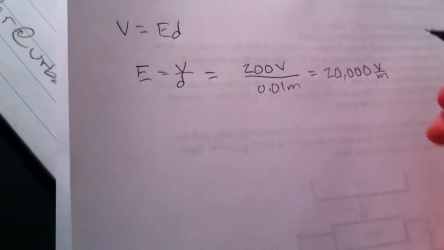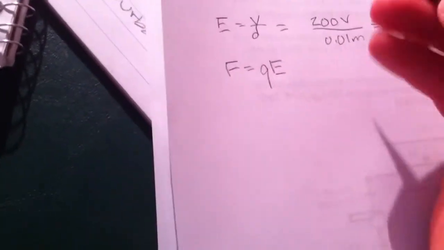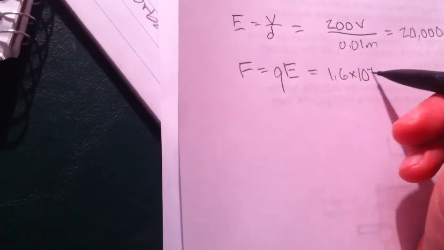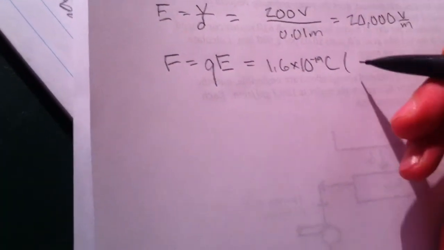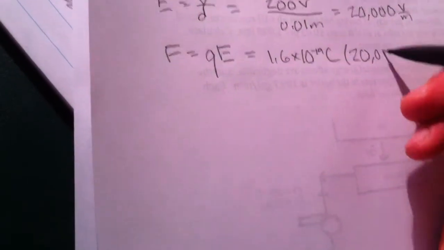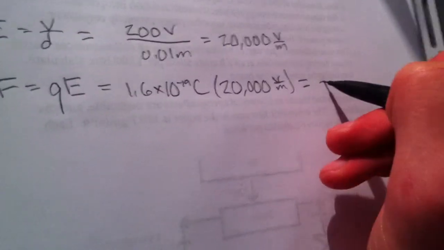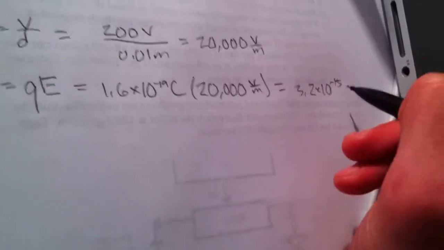Now that we have found E, we can say F equals qE and multiply 1.6 times 10 to the negative 19th coulombs, the charge of an electron, or a proton rather, times this 20,000 volts per meter. And now that number brings us to 3.2 times 10 to the negative 15th newtons.